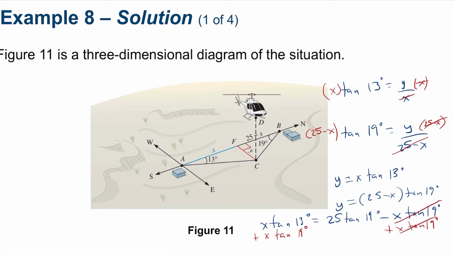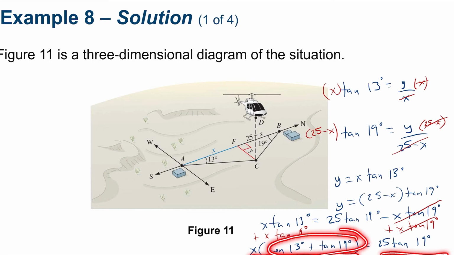Cancel, cancel. And as you can see, we'll be able to factor out the x. So that's what I'm going to do here. I'm going to factor out the x, which is a common factor. So now we have x times tangent of 13 degrees plus tangent of 19 degrees is equal to 25 tangent of 19 degrees. And now, if I divide both sides of the equation by the parentheses, I will get x isolated. So let's do that on the next page.